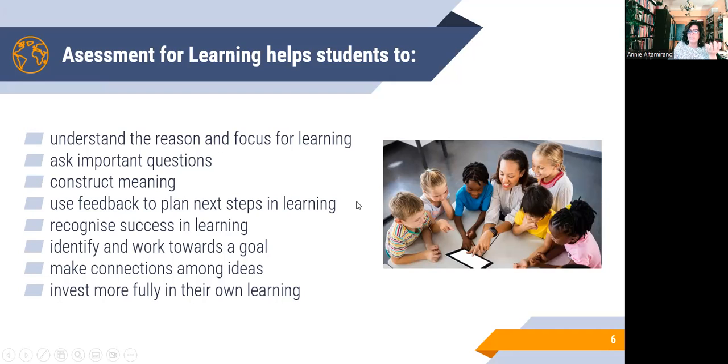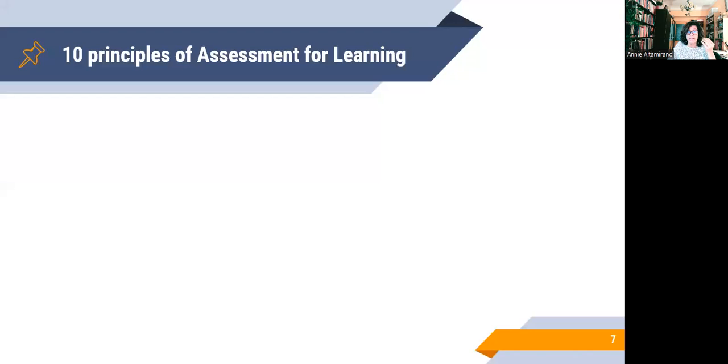Now, there are some principles on which assessment for learning is based. These were compiled by the Assessment for Learning Reform Group, and there are 10 principles. Assessment for learning should be part of effective planning.